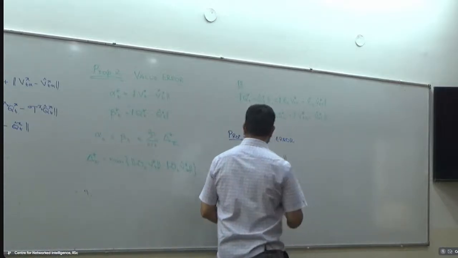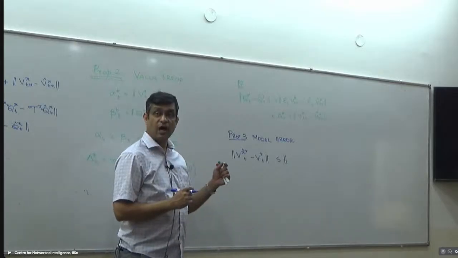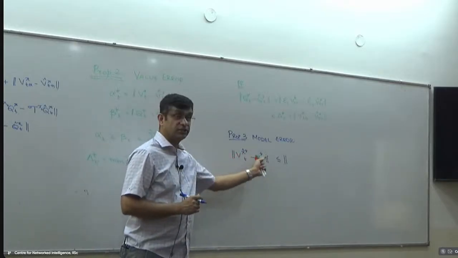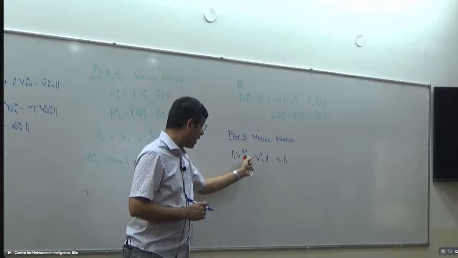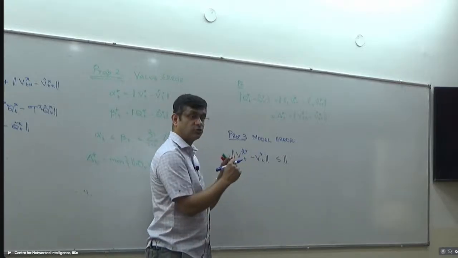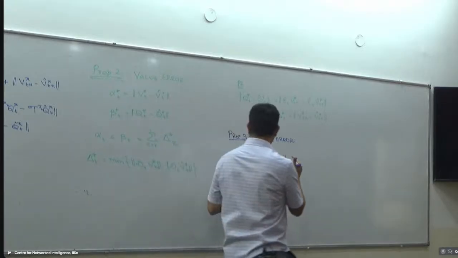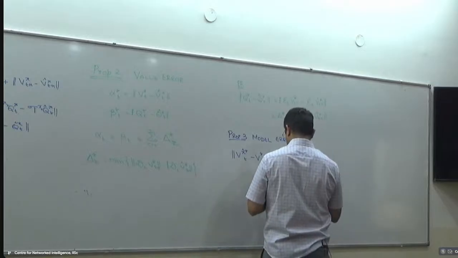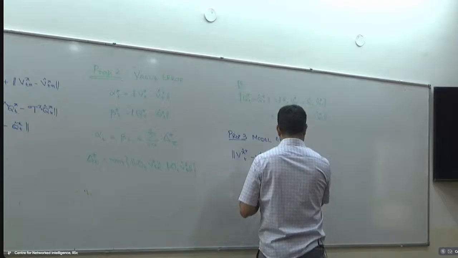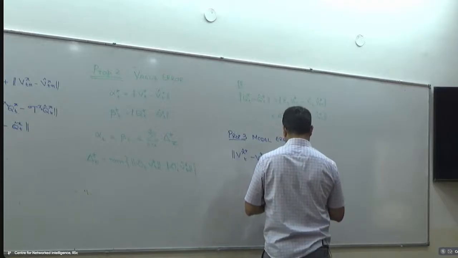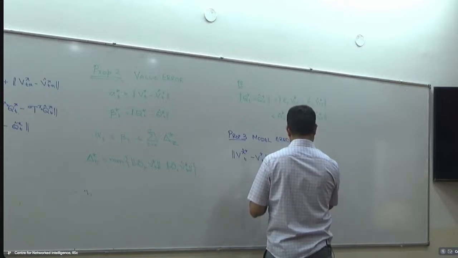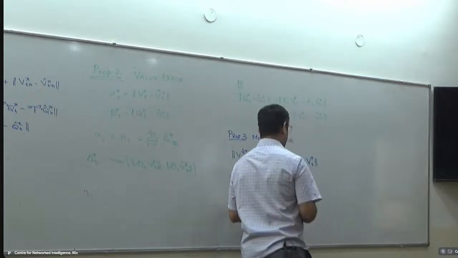So you see, I have a way to bound now the error if I was using the star models of both of them. So let me try to do v hat star t minus v star t. This is something that I can compute.